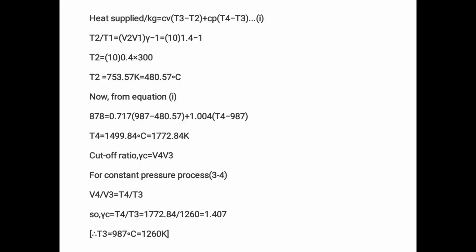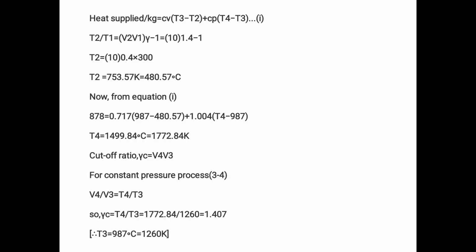Now substitute in equation 1. We know all the values: the Q value, the T3 value. Finally we find the T4 value. So the T4 value is 1499.84 degrees centigrade; plus 273 converts it into Kelvin. Then the cutoff ratio rc equals V4 by V3. Here we know the T4 value and T3 value.